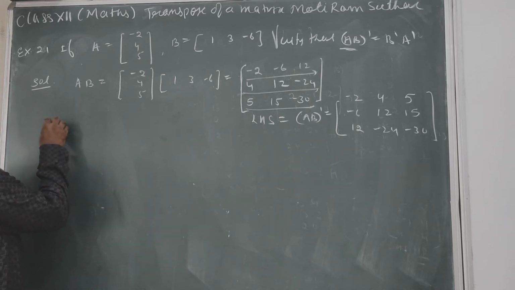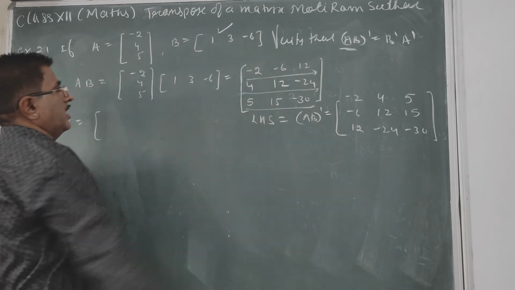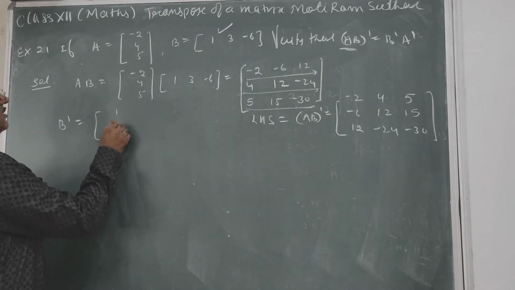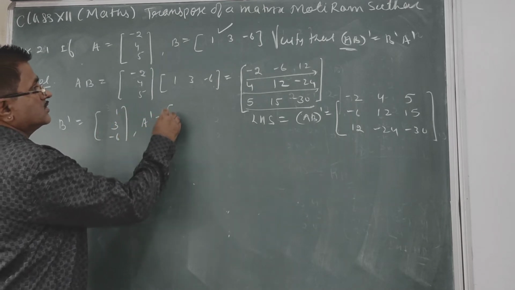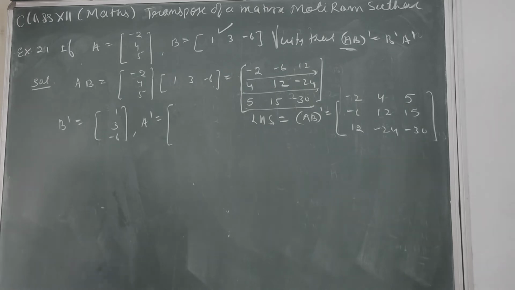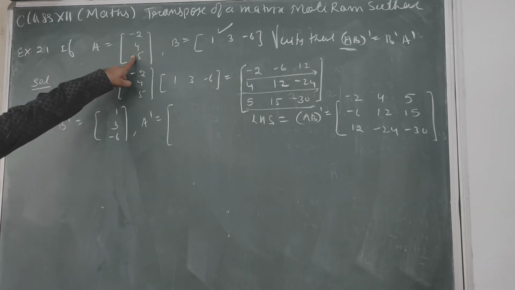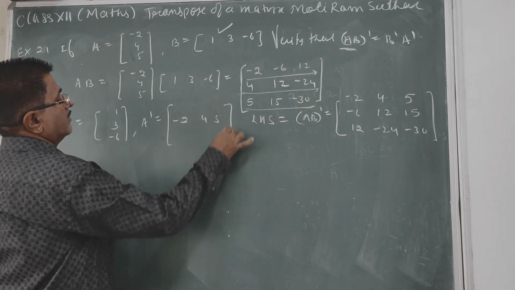So first of all we find B transpose. So transpose of this matrix 1 3 -6, so that is 1 3 -6. Then A transpose of this matrix, first column convert into -2 4 5.